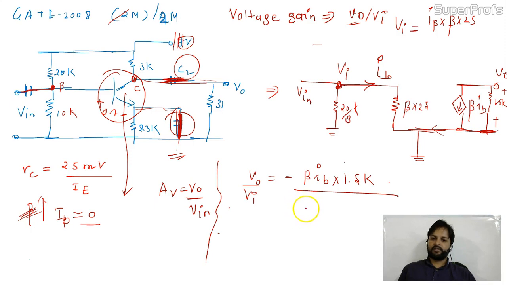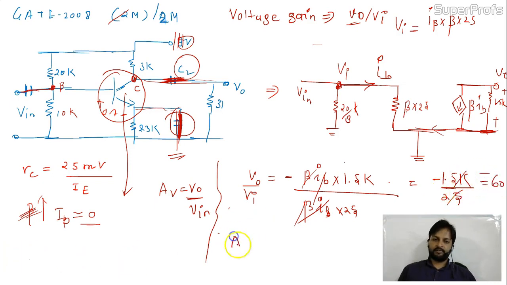So you are getting beta IB into 25. So beta IB and this IB will cancel out. So it will remain with minus 1.5K divided by 25. Okay. So when you divide it, you are getting minus 60. So your voltage gain is minus 60. Is it okay or not?